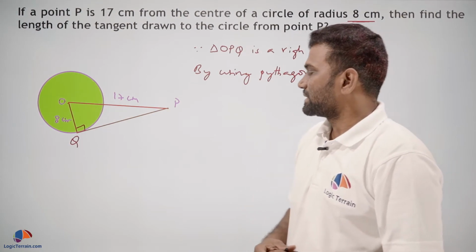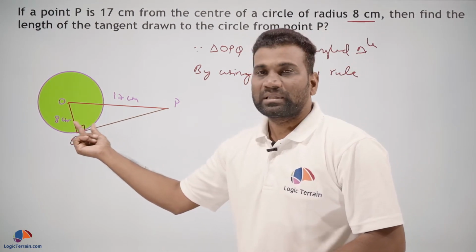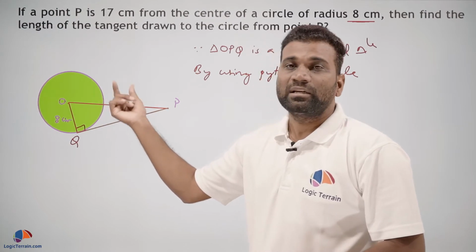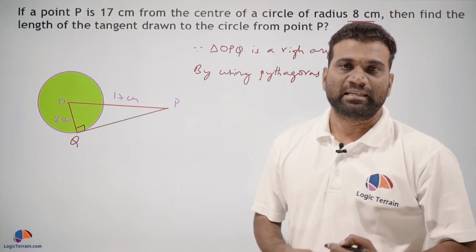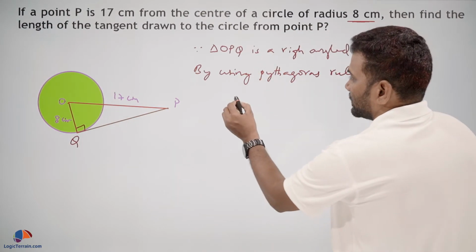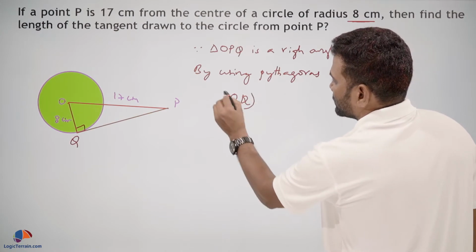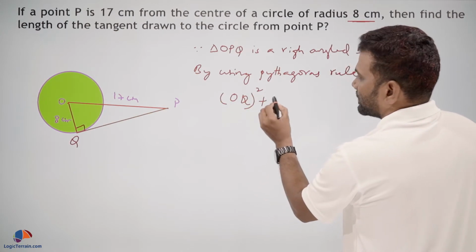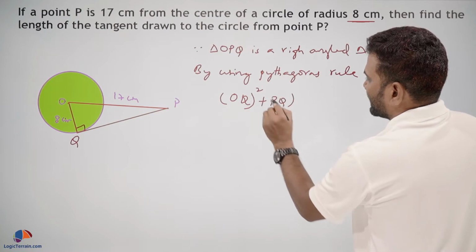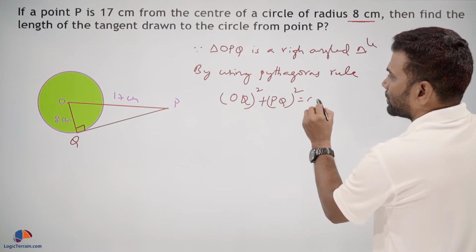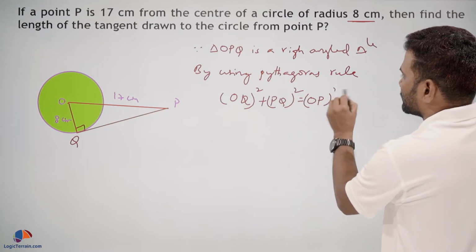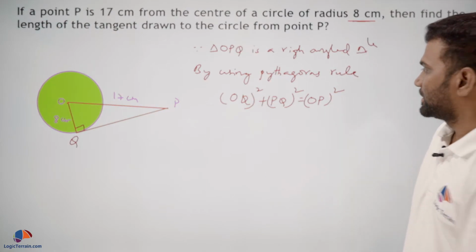In other words, the sum of squares of two other sides is equal to the square of the longest side in a right angle triangle, right? Then OQ square plus PQ square is equal to OP square, right?